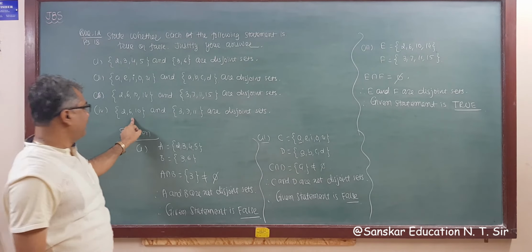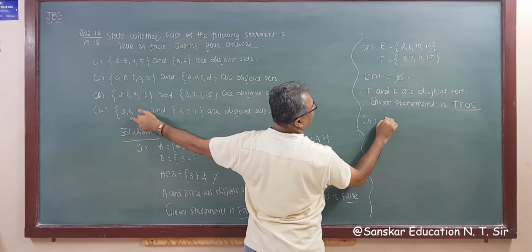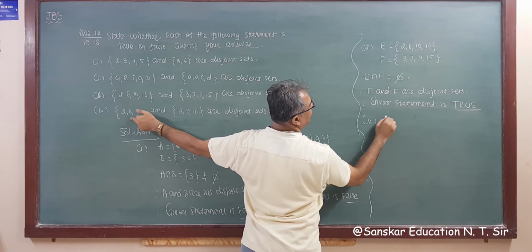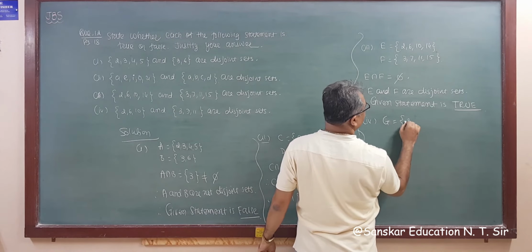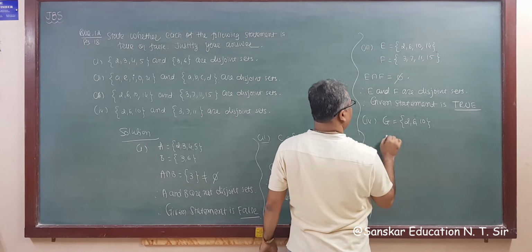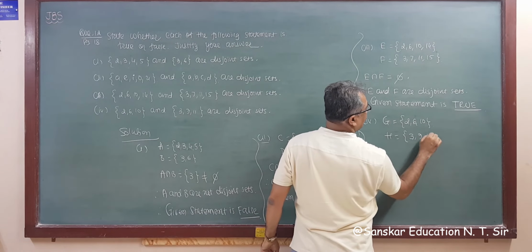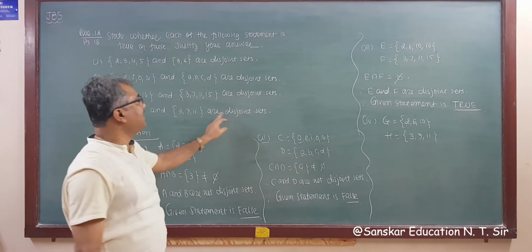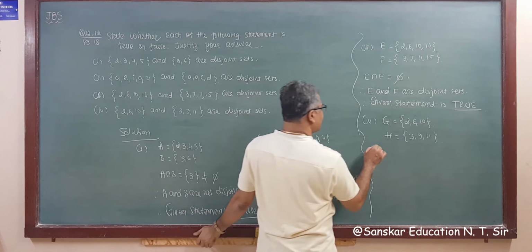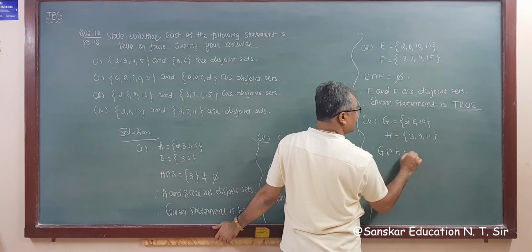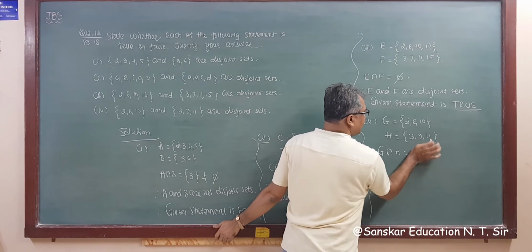And the last one, fourth. Suppose we take F, then G. So set G is 2, 6, 10, and H is 3, 7, 11. And the question is, are they disjoint sets? To check, we again have to find the intersection of both sets. So G intersection H is equal to: no 2, no 6, no 10. So the intersection is the empty set.